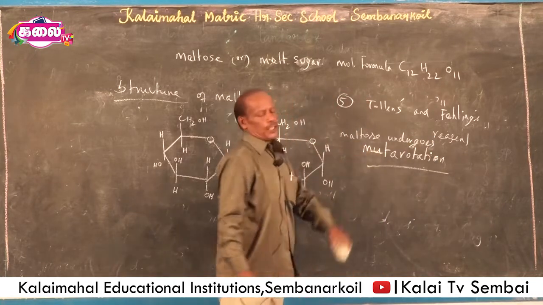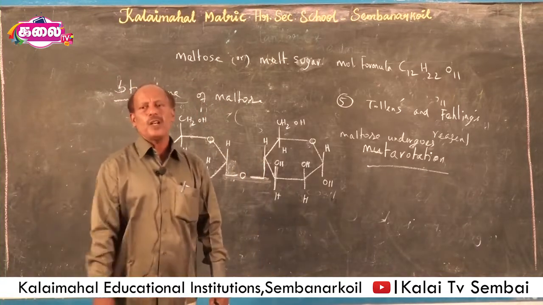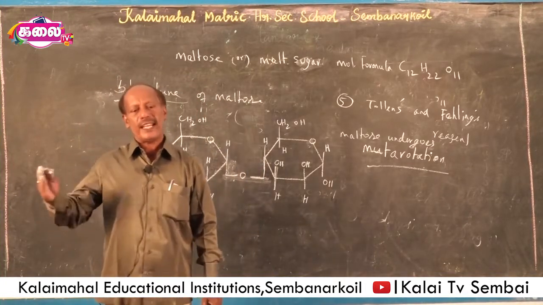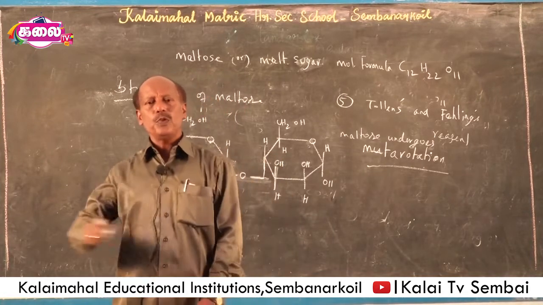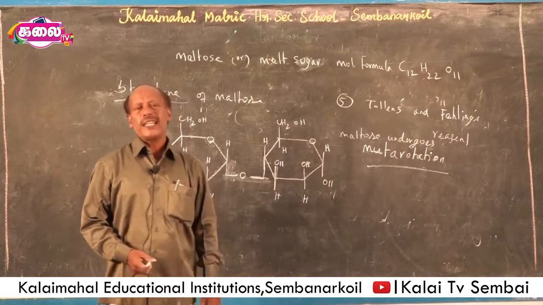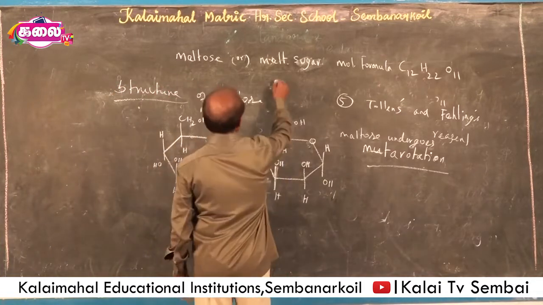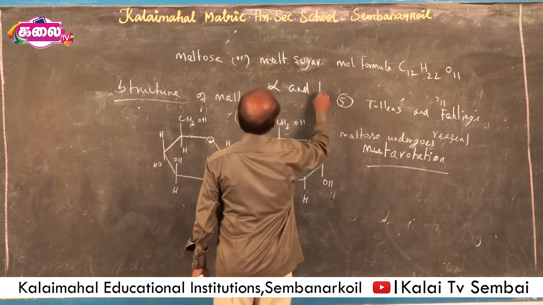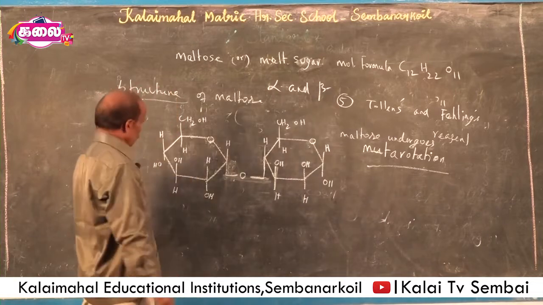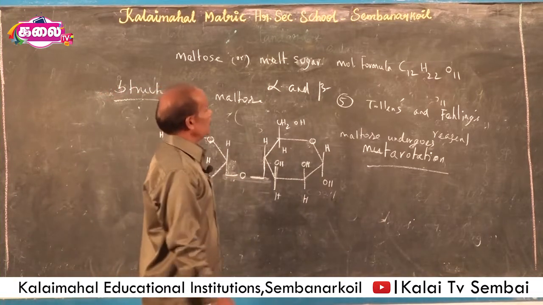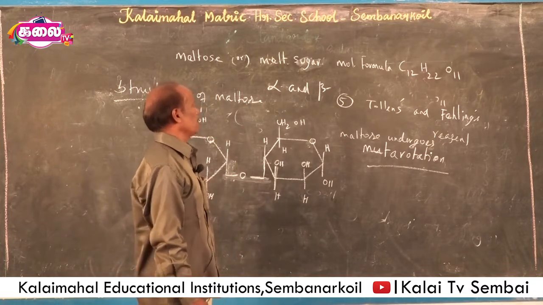Mutarotation is a property of rotating the plane of plane polarized light in the clockwise direction. This property proves that maltose exists in two isomeric forms: alpha maltose and beta maltose.